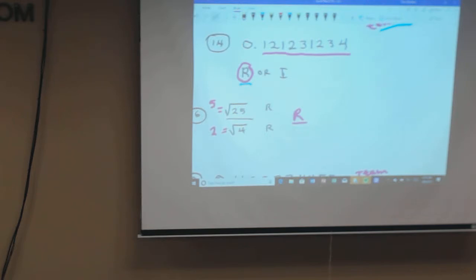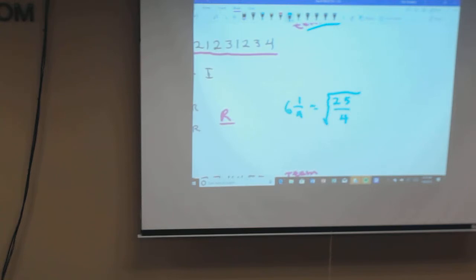Number 16, the square root of 6 1/4. Now, if I change 6 1/4 to an improper fraction, that would be 25 over 4. Does everybody agree with that? And if I put all of that under a square root sign, that would be the same as putting this under a square root over this under a square root.